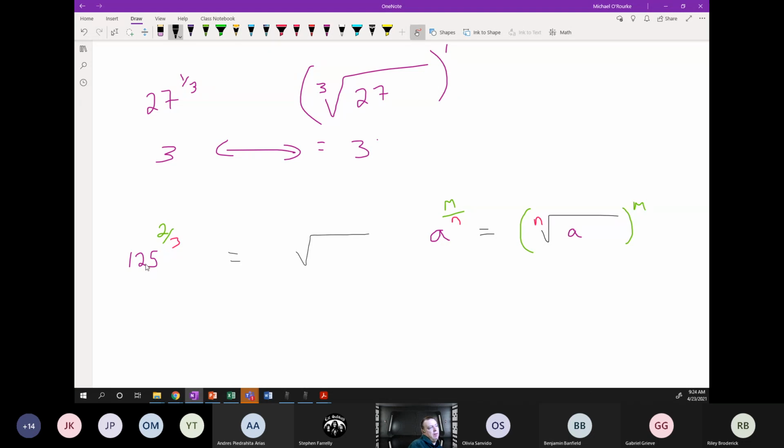And I like to think I work from the bottom to the top. So I start with the 125 and I work my way out. My 125 is going to go inside the square root sign. And as I work my way out, I get to the 3. That's going to be my root. Then my very last thing is the 2 up here.